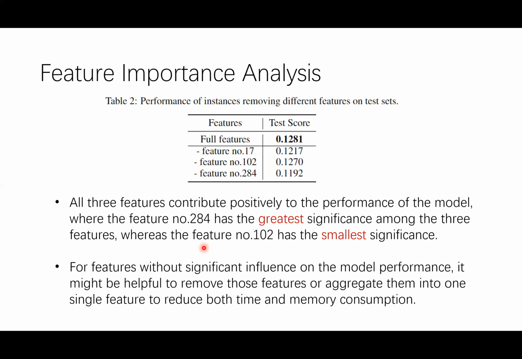And the feature number 2A4 has the greatest significance. And for those features without significant influence, it might be helpful to remove those features or aggregate them into one single feature to reduce both time and memory consumption.